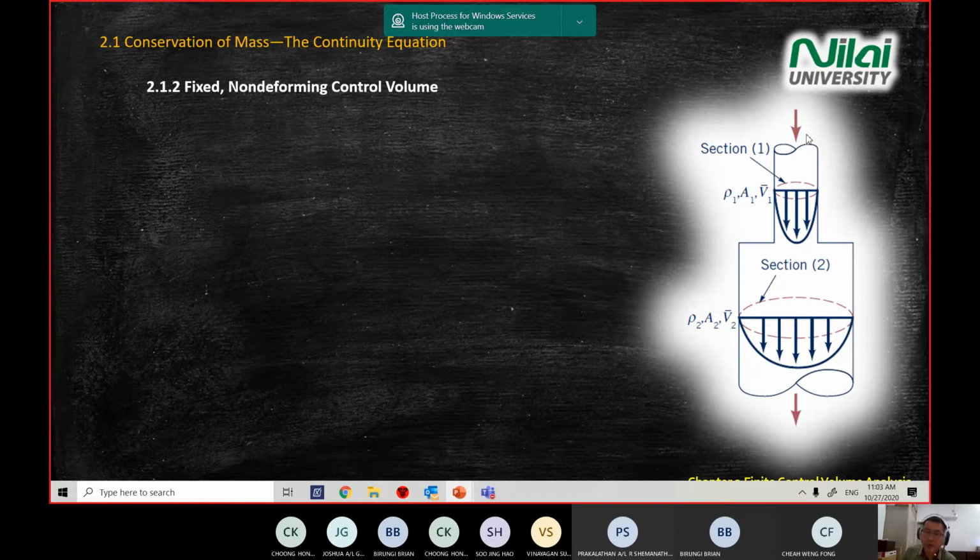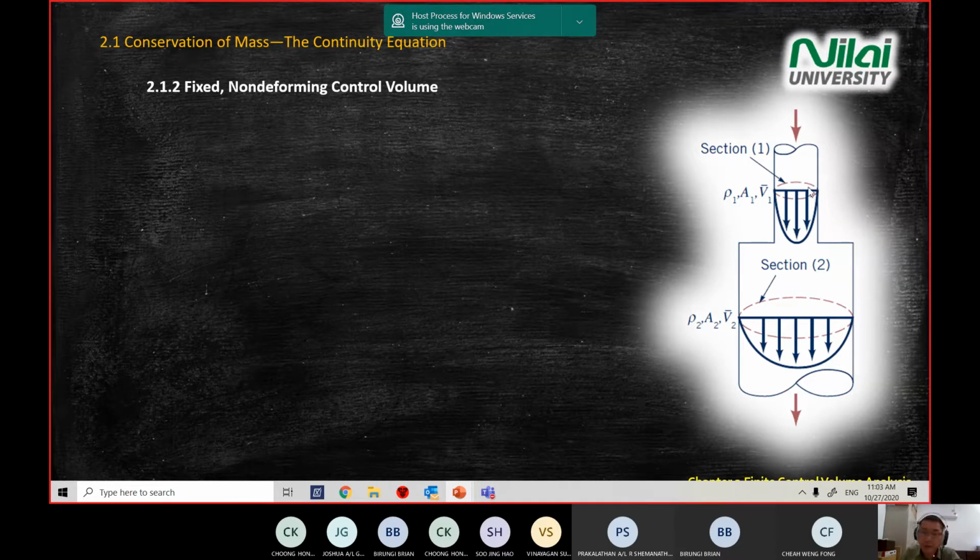You can see the flow is from the top to bottom, entering from section 1, passing through section 2. So you can see there's a parabolic shape of velocity here in section 1 and section 2 also. What is changing here is the volume. The changing of your volume from in and out. Two of these have the same different volume here.